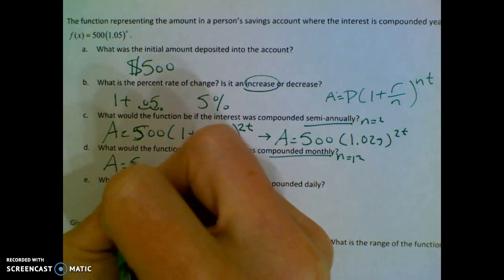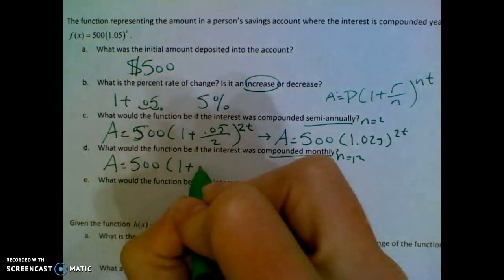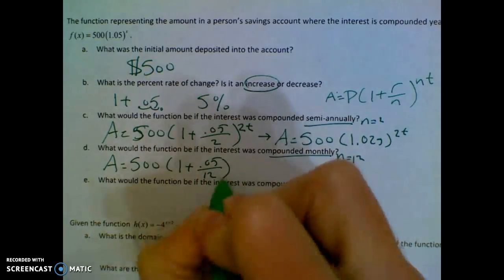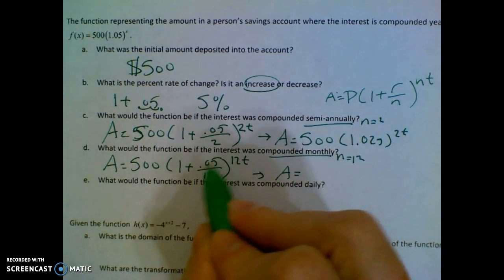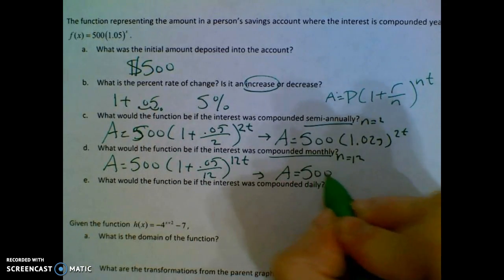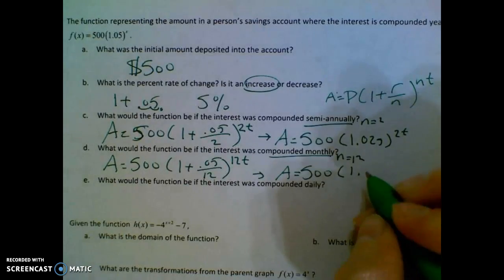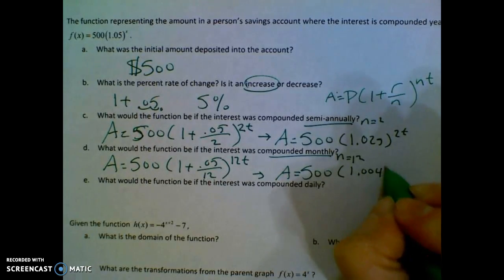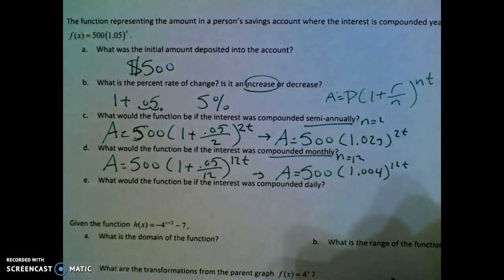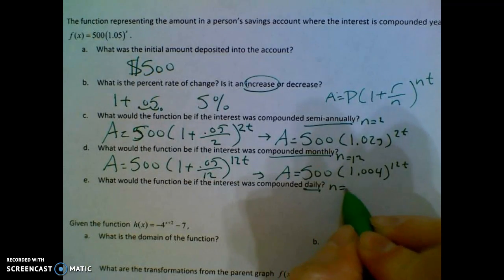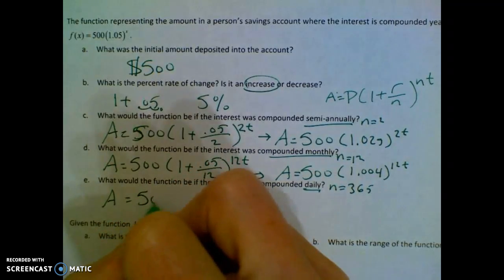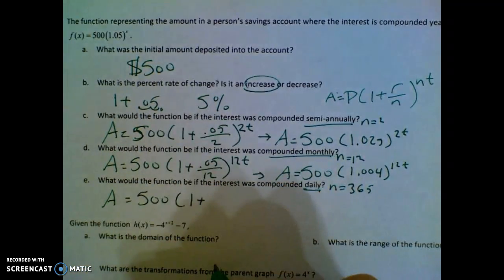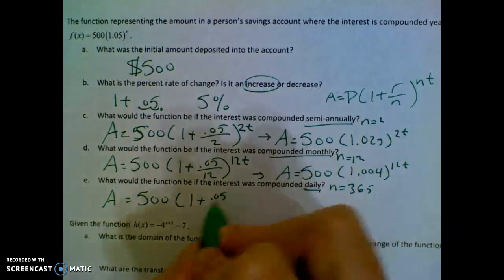Exact same equation, 500 times 1 plus 0.05 over 12 to the 12t. Do the math. If you type in 0.05 divided by 12, and you add 1 to it, you're going to get 1.004 to the 12t. And last one, compounded daily, is n equals 365. So A equals 500, 1 plus, the rate's not going to change, it's still 0.05.